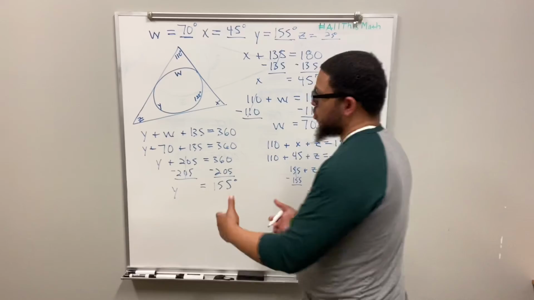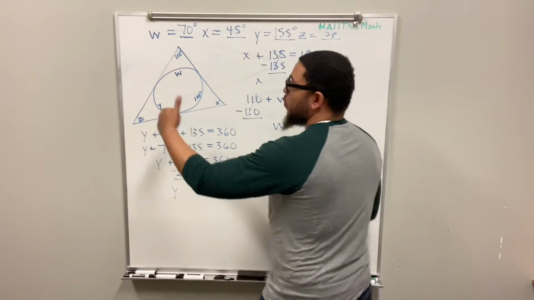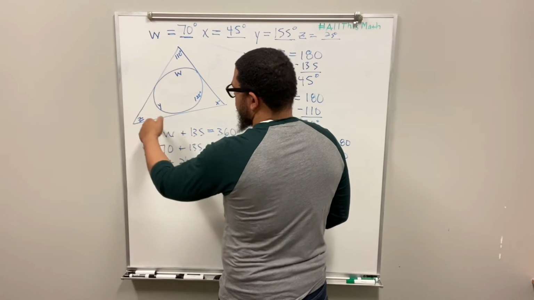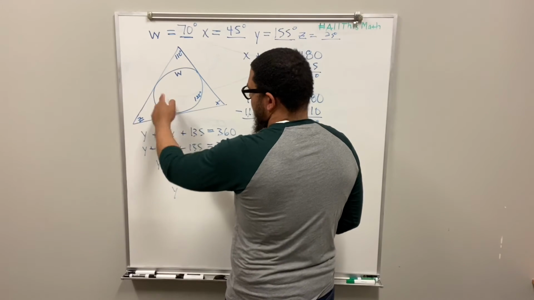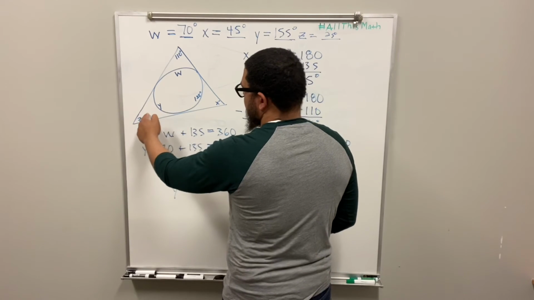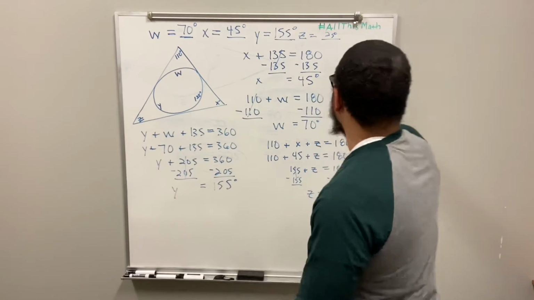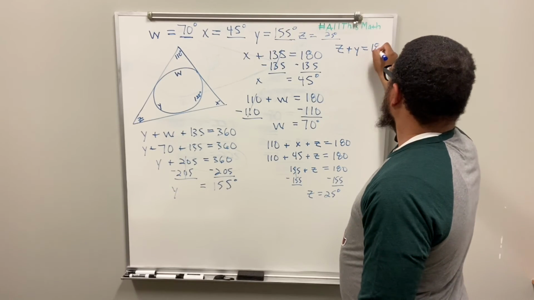But I also could use the tangent theorem, which says that an angle formed by two tangents to a circle is supplementary to the measure of the arc closest to it, right? Y is the arc closest to Z. So that means that also Z plus Y equals 180.